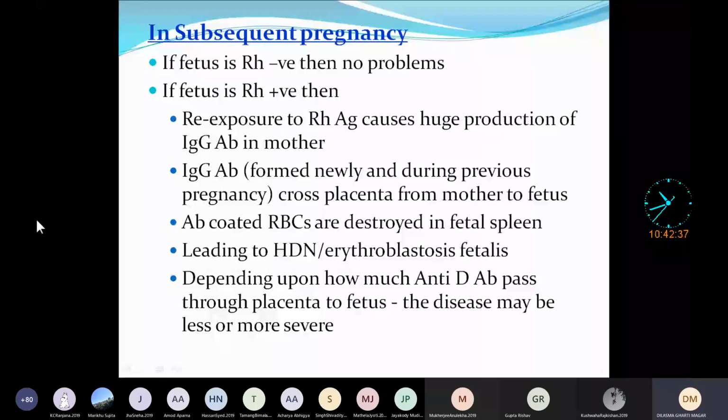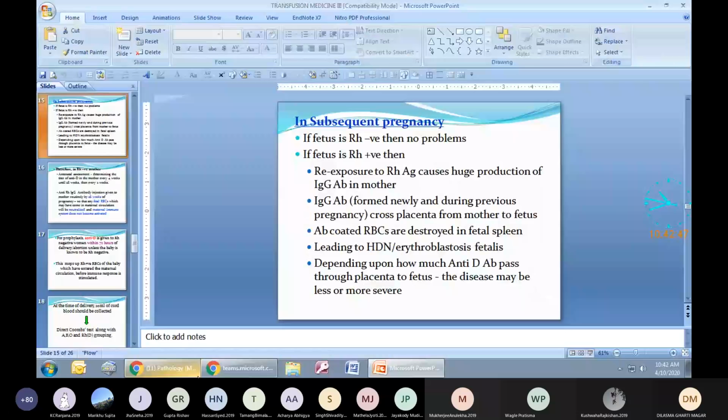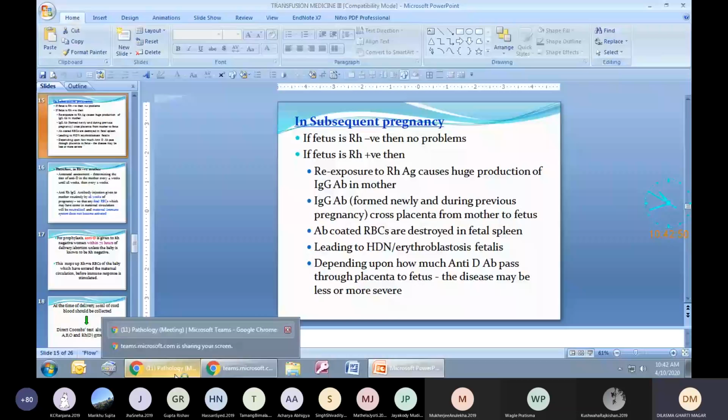This is clear? Ma'am, how does re-exposure occur? Like how does fetal RBC go to the mother's blood? Already with the first sensitization, the mother's blood is exposed to the D antigen, isn't it so?